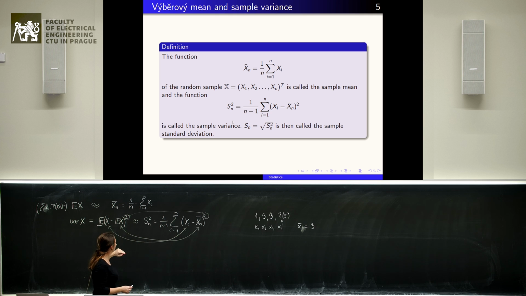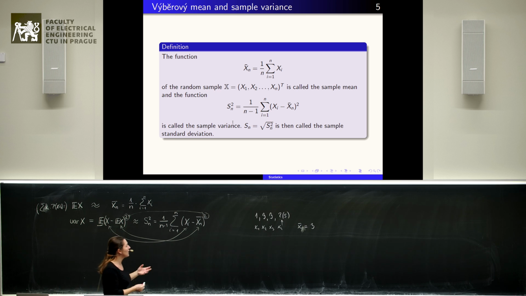So once more, in the formula for sample variance, the expected value from theoretical variance is replaced by the simple mean. The random variable x is replaced by the random variables from the sample. Square difference is square difference, and the expected value is calculated with 1 over n minus 1, because only n minus 1 numbers are random.